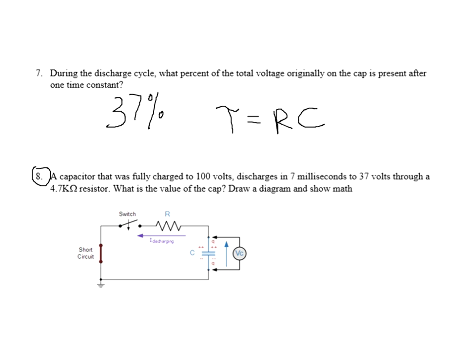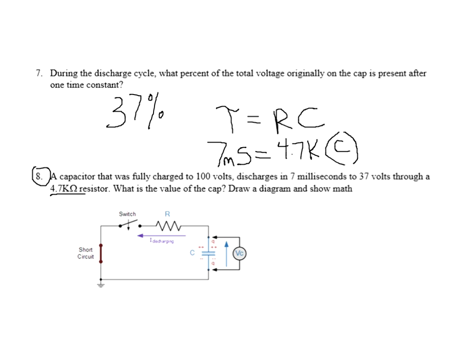So put the numbers in: 7 milliseconds is equal to R times C. Well, what's given? Is the R given or is the C given? Well, I can see here the R is 4.7K, so put it in. 4.7K times the value of C gives me 7 milliseconds.